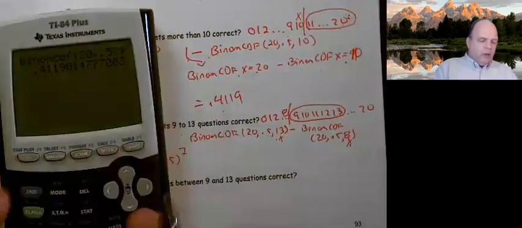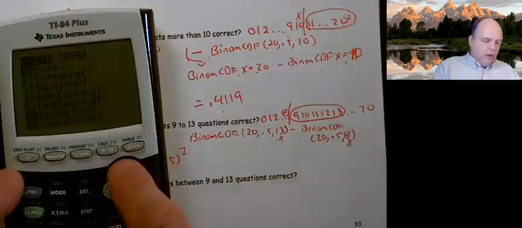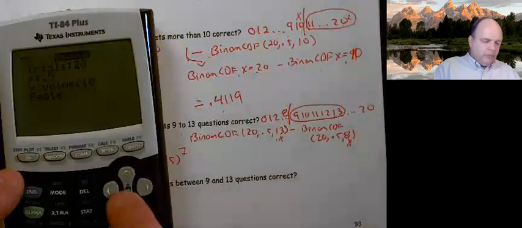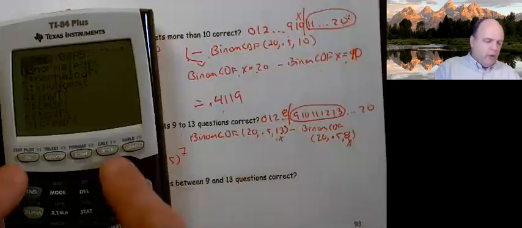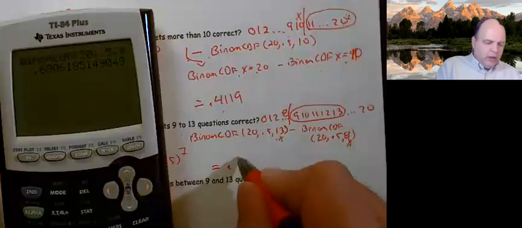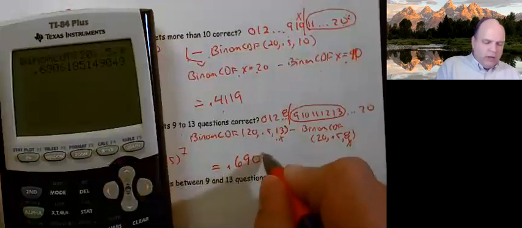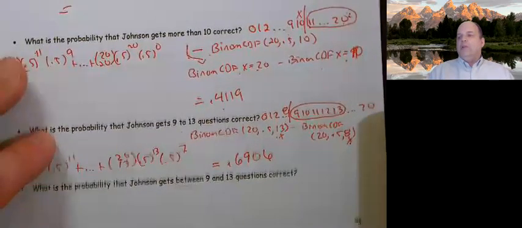All right, so here we go. Second vars binomial CDF, which was 13 because we wanted the 13, minus the highest thing we don't want, which is the 8, second vars binomial CDF, change this to an 8, 0.6906. And then we have the last problem that we're going to do.